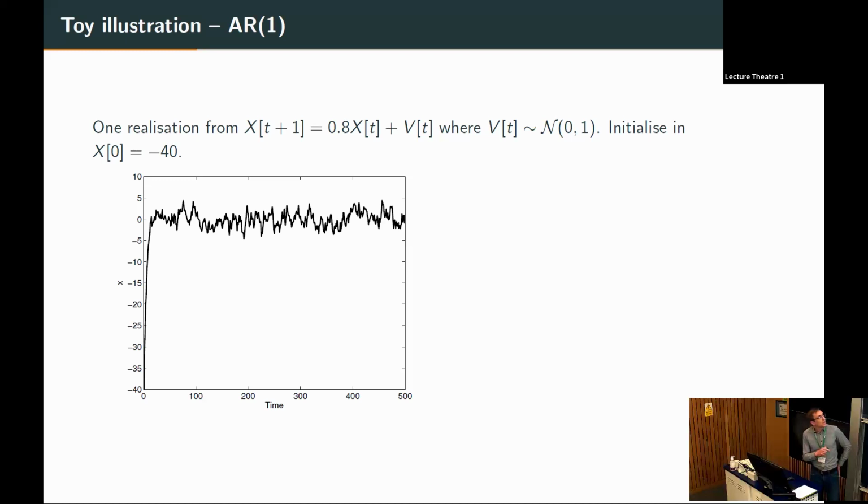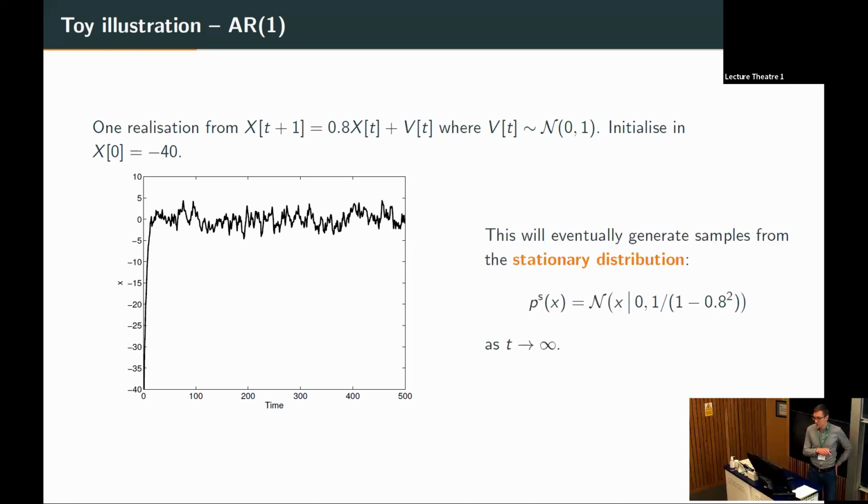And I simulate this from some initial state, which I just arbitrarily set to -40, then you can see that this quickly converges to some stationary regime here. And specifically, as time goes to infinity, the marginal distribution over the state of this stochastic process will converge to the stationary distribution or limiting distribution. And in MCMC, we're using this type of convergence of a stochastic process to simulate from the distribution of interest, pi of x.